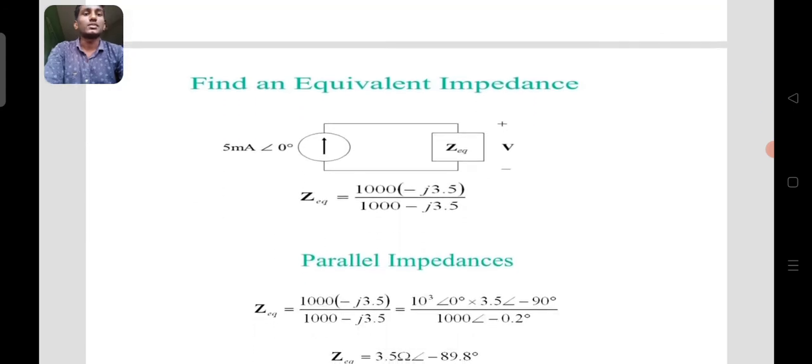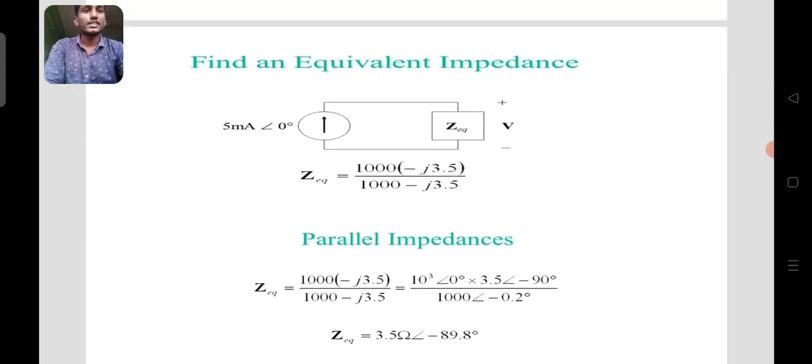Coming to the example to find the equivalent impedance, here we have the current source 5 milliampere angle 0 degrees, and Z equivalent, where Z is impedance, equal to 1000 into minus j3.5 by 1000 minus j3.5.